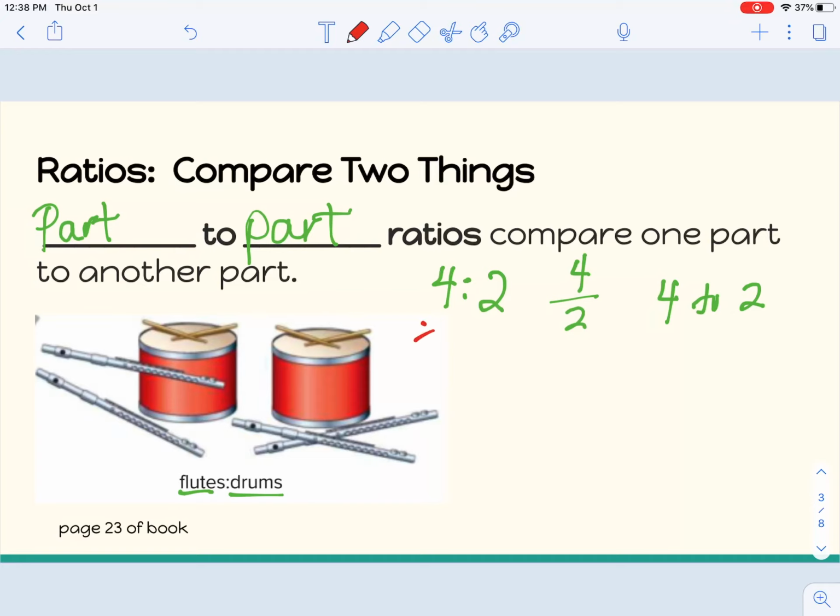I know that I can divide both of those numbers by 2. What you're doing is cutting it in half. You're dividing by 2. 4 divided by 2 is 2, and 2 divided by 2 is 1.